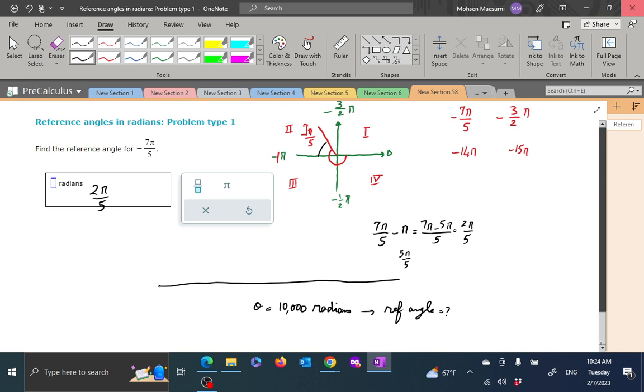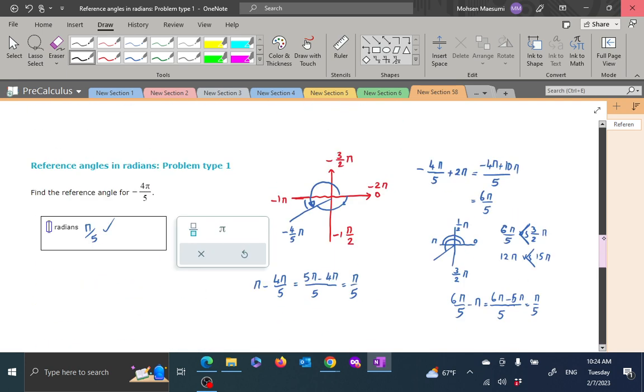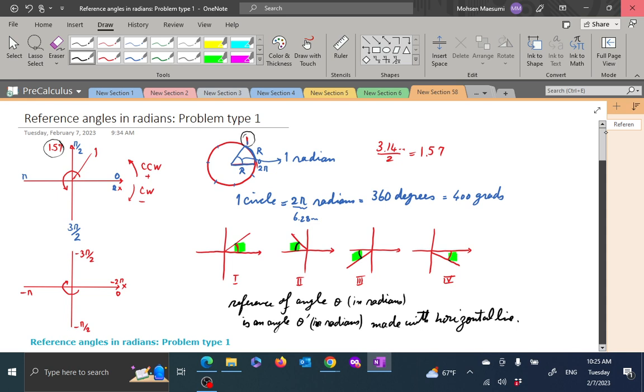With an angle like 10,000, by the time you go through all these quadrants and circles, a month has passed and you're still trying to figure out where you are, if you have not made a mistake. So as a mathematical practice, for those of you who might be interested, if I have a very large number and they ask me the reference angle of it, with everything done in radians, how do I figure it out? Okay, so that was just something extra.